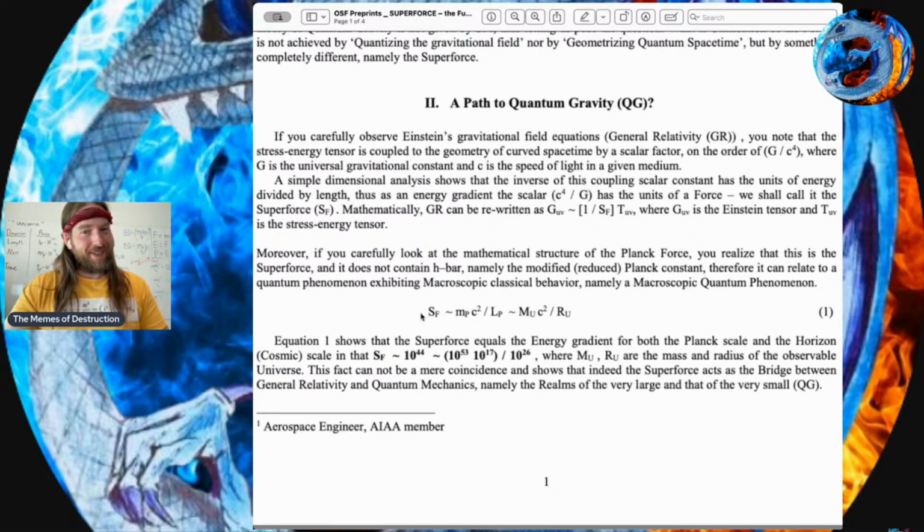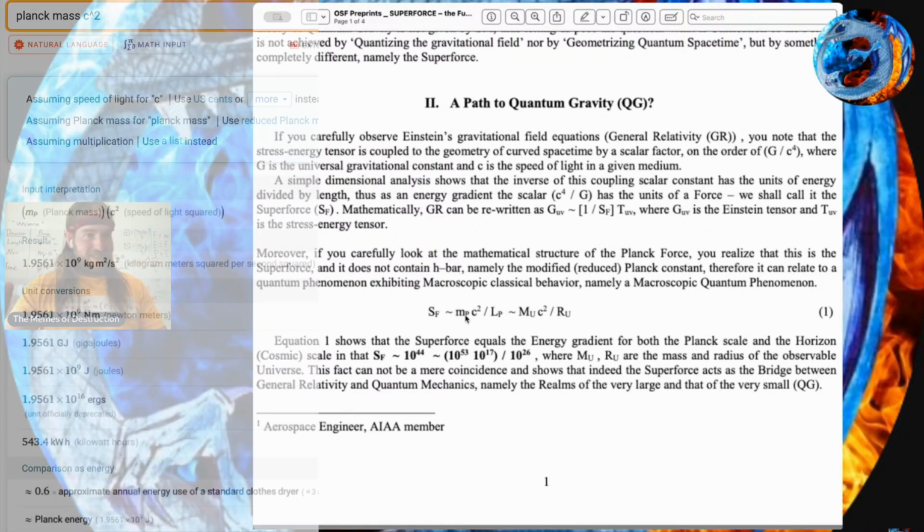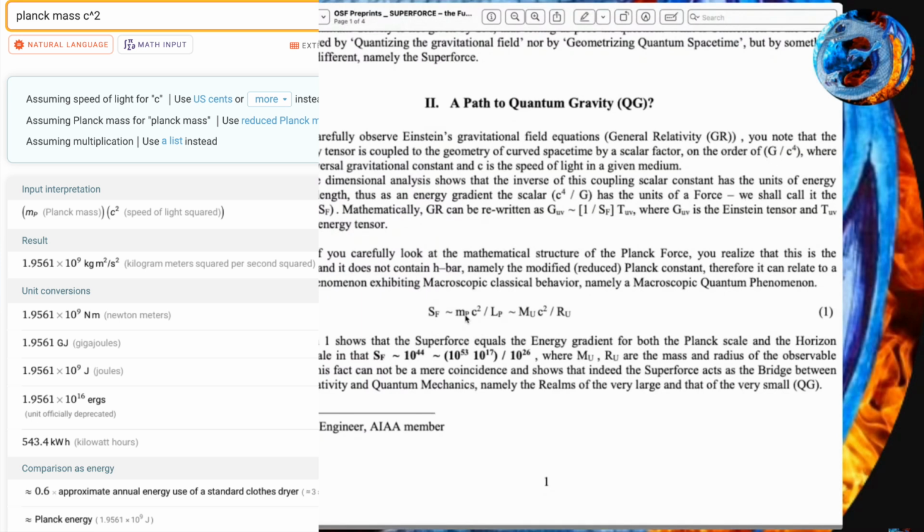I don't know if it's true or not, but here's the big thing. The superforce, or Planck force, is equivalent to the Planck mass times c squared divided by the Planck length. So what's that give us? If we get a mass times c squared, that gives us an energy, because E equals mc squared.